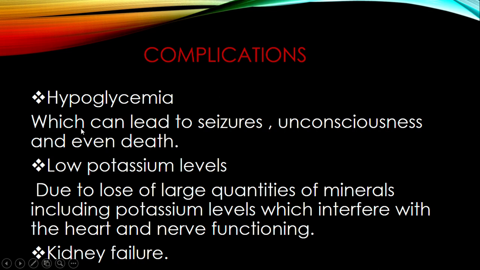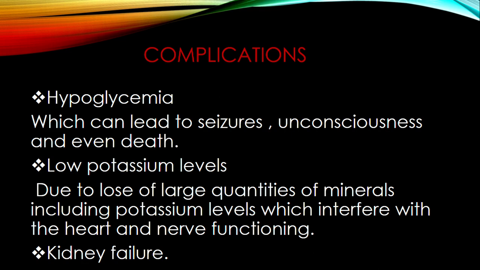Then the second complication is low potassium levels. This is due to loss of large quantities of minerals, including potassium, which interfere with the heart and nerve functioning. So we saw during the pathophysiology that this person starts losing a lot of electrolytes such as potassium, sodium, chloride.